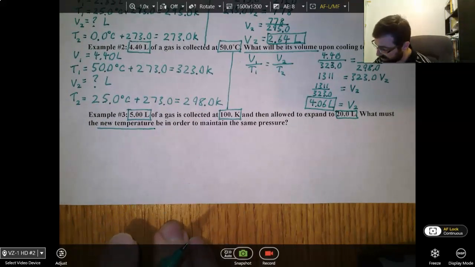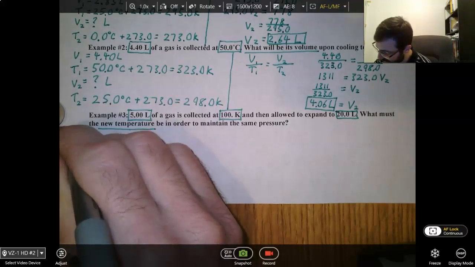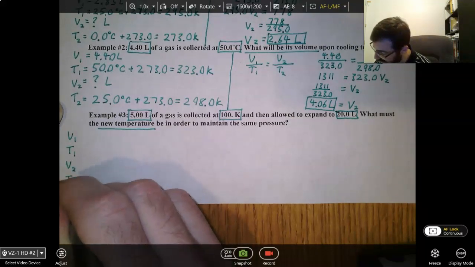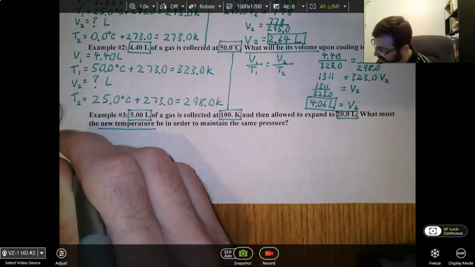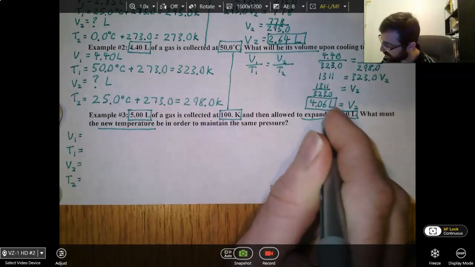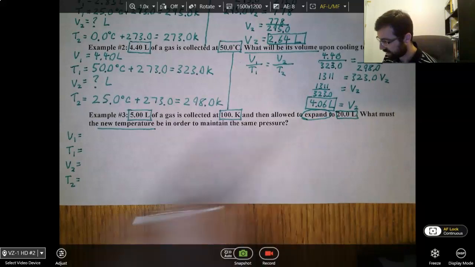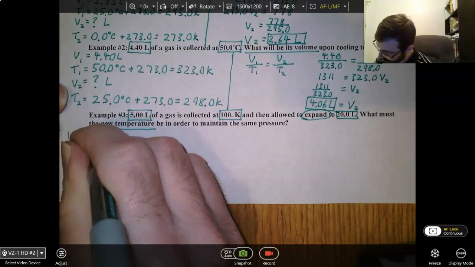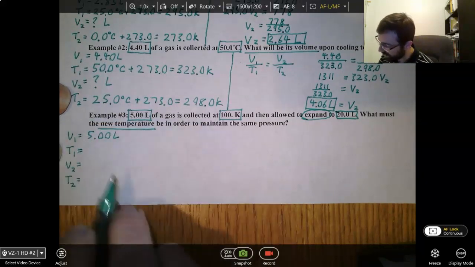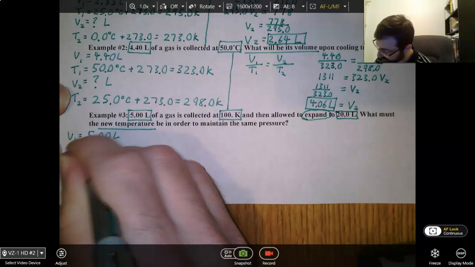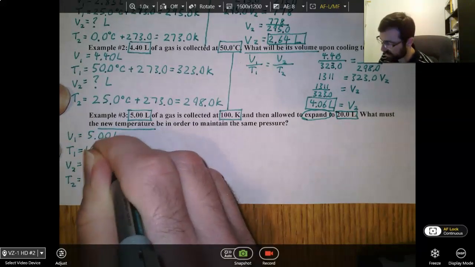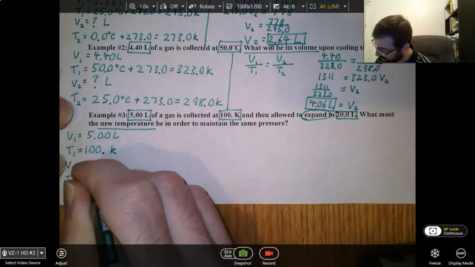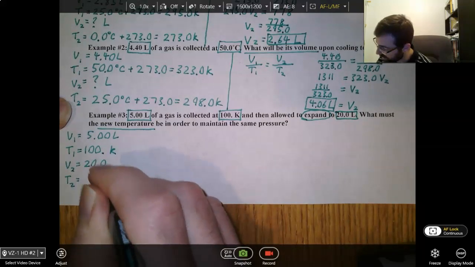So we're back to using Charles' law again. V1, T1, V2, T2. It says that we're going to be going through an expansion. That means that the bigger volume is V2. So 20, that's V2. 5.00 liters. T1 is 100 Kelvin. Don't forget that little decimal there to make sure that it's clear. There's 3 sig figs. V2 is 20.0 liters.